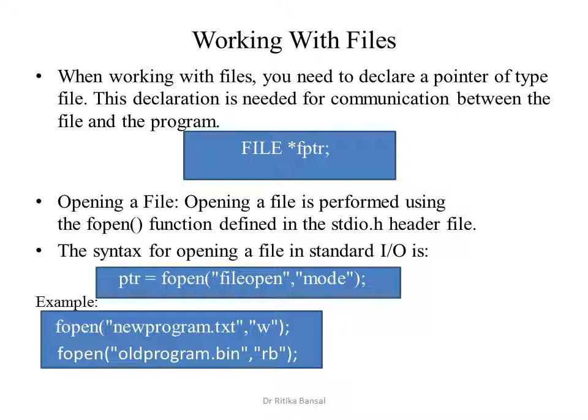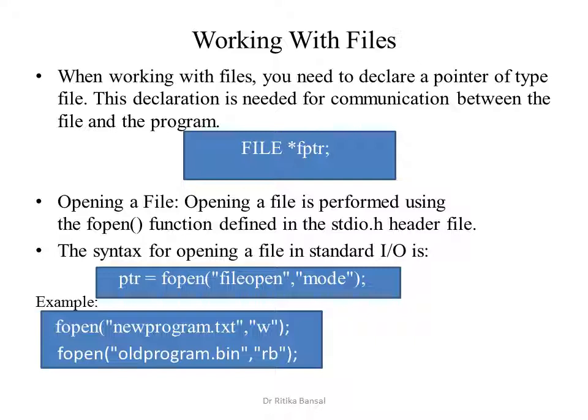When the fopen function opens a particular file in a particular mode, it will return the address of the file, the address of the first location of the file. That address we want to store somewhere, and for an address we need pointers, and that pointer should be of FILE type, because it is the address of the file which is returned by fopen.